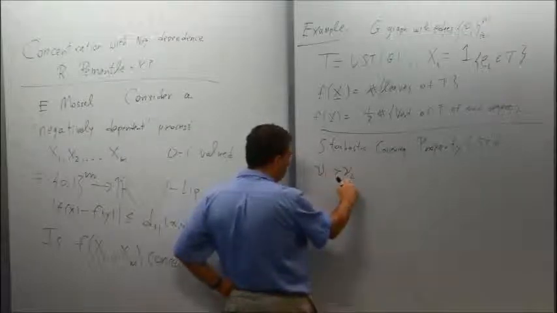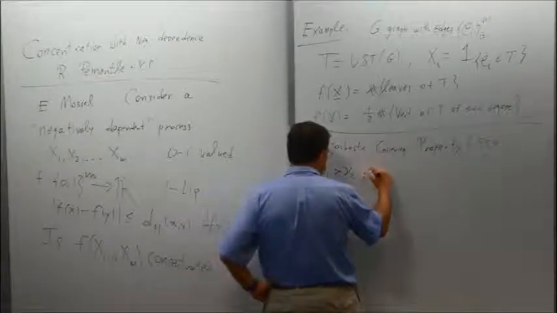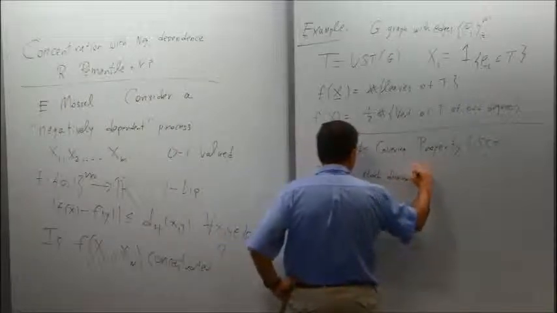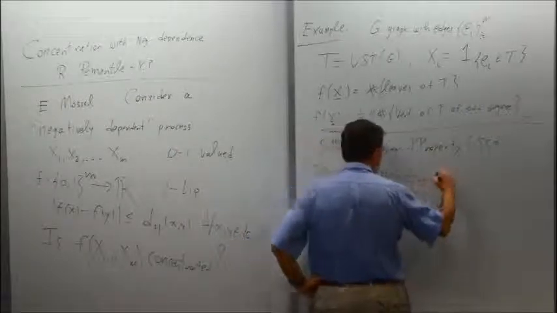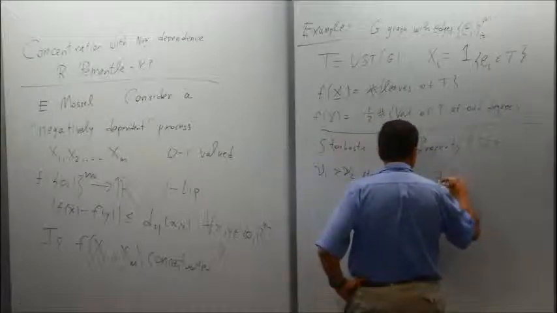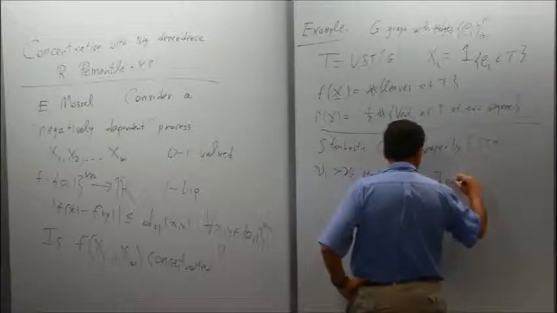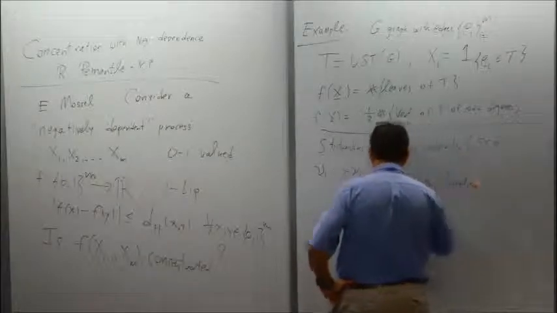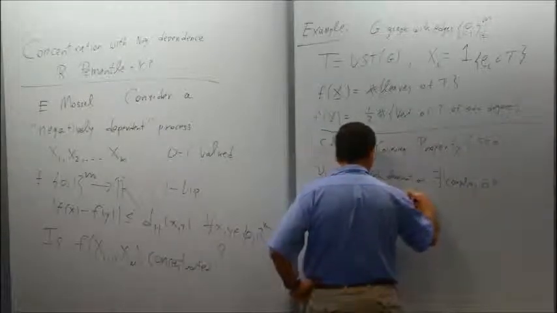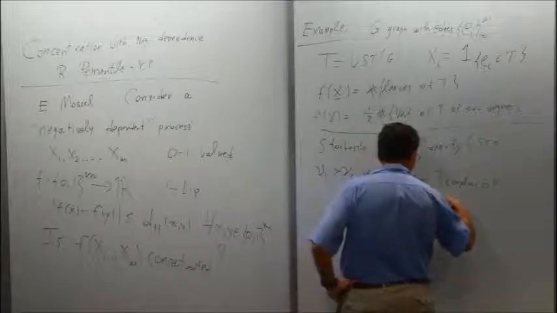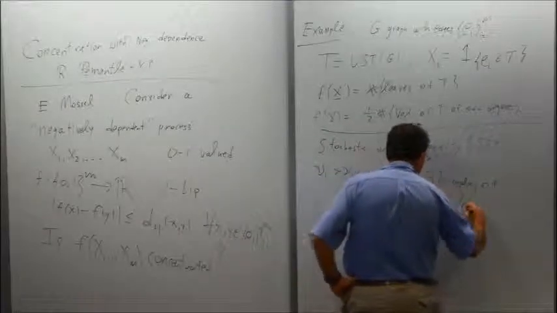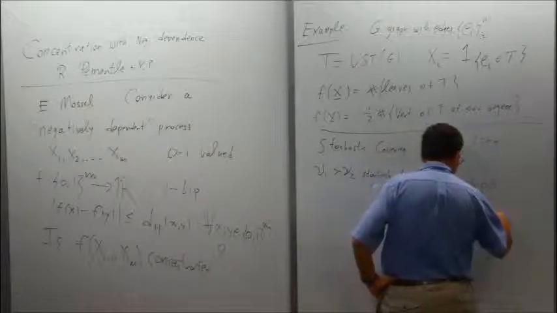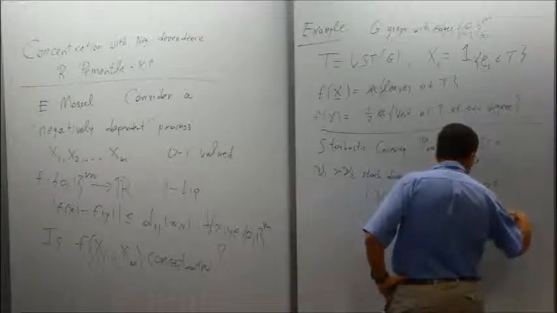Stochastic domination is equivalent to there being a coupling of the two measures which is supported on the set of vectors xy with x greater or equal y.